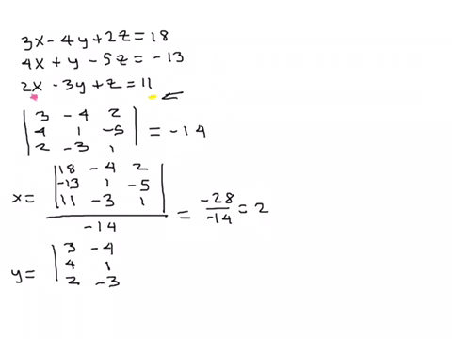Whoops, I messed that up, so let's do that again. I was supposed to replace the y column, and I did not. So let's replace it. Okay. Oh, that's pretty bad, too. That's supposed to be an 11, but I don't know what that looks like. So we replaced the y column with the right-hand side, and now we're going to just keep going here.